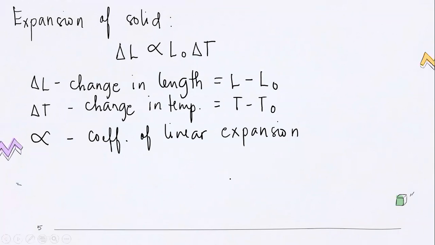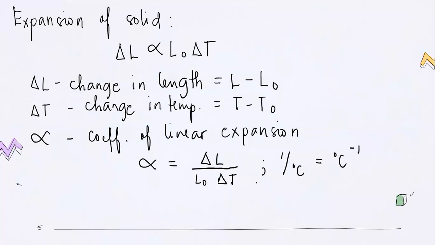The formula for linear expansion is alpha equal to delta L over L sub O times delta T. If you notice, the unit for the coefficient of linear expansion is 1 over degrees Celsius, or degrees Celsius raised to -1.